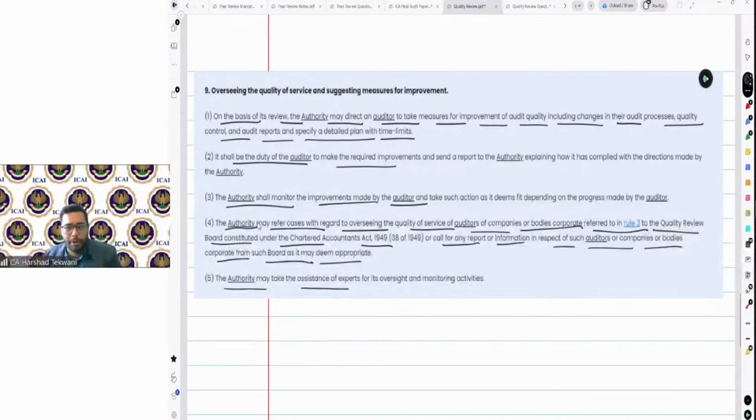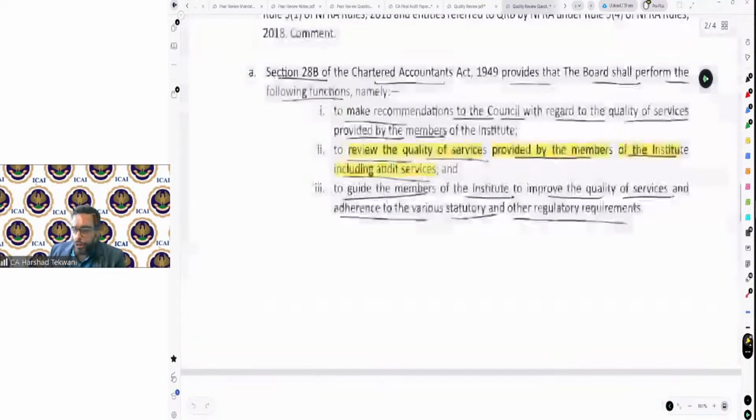This rule talks about reviewing the audit quality for the improvement of audit quality, and referring the cases with regard to overseeing of quality of service of auditors of companies and body corporate referred under Rule 3. Now, what is Rule 3?